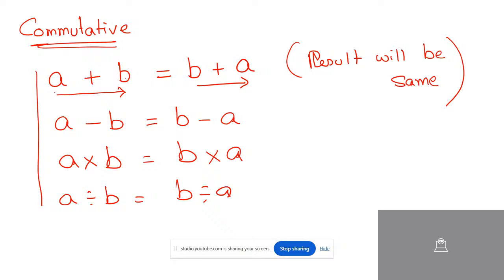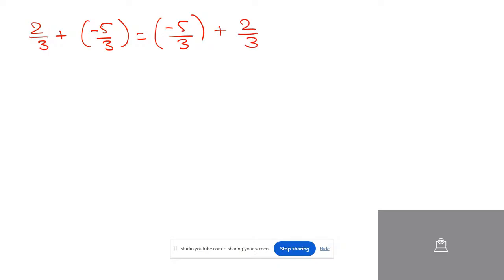So we are checking for rational numbers. When you add two rational numbers in any order, you should get the same number, right? See, I have taken an easier example because here the concept is not of adding or subtracting, just finding whether we will get the same answer or not.